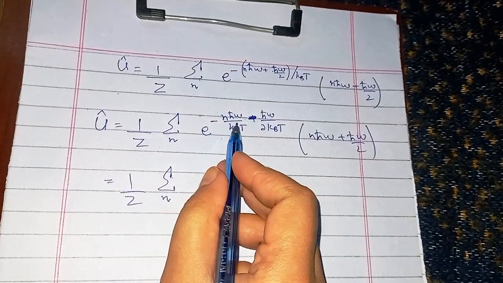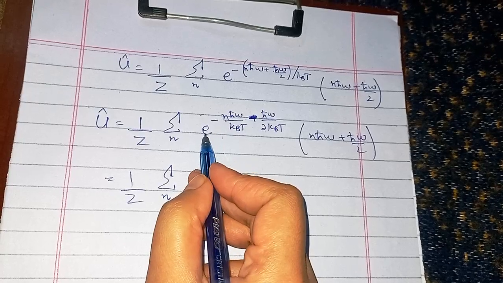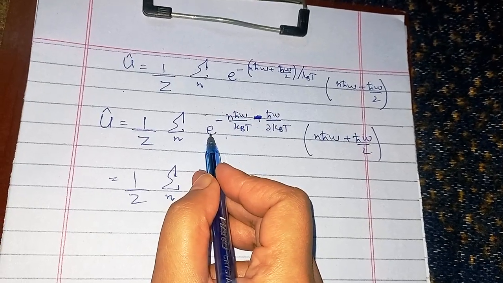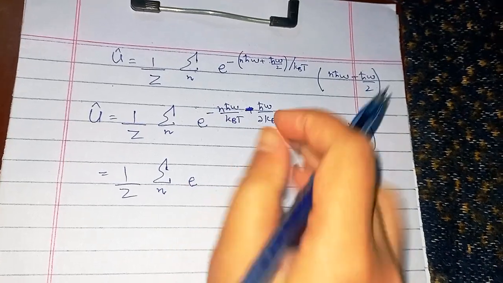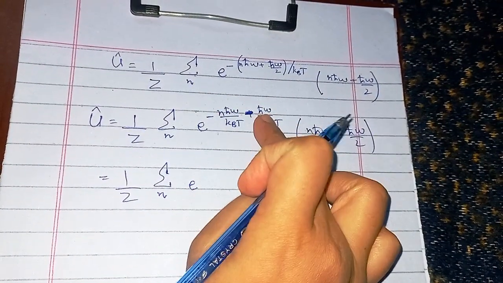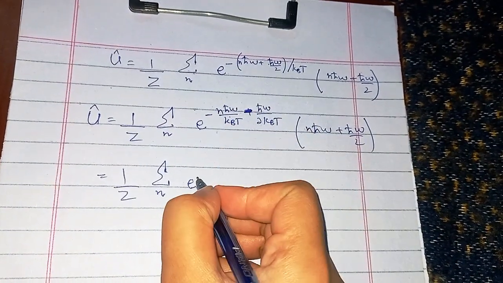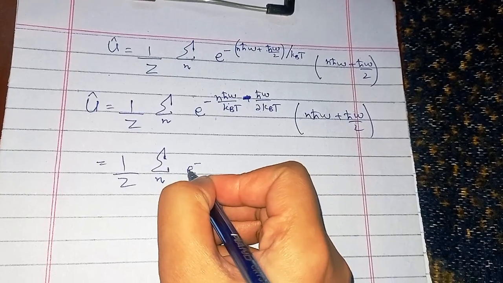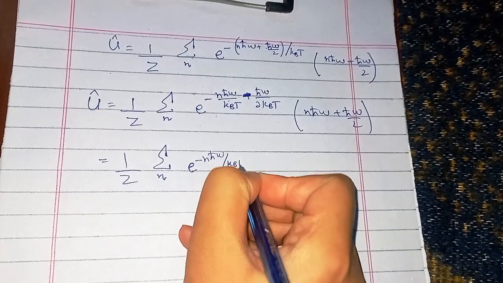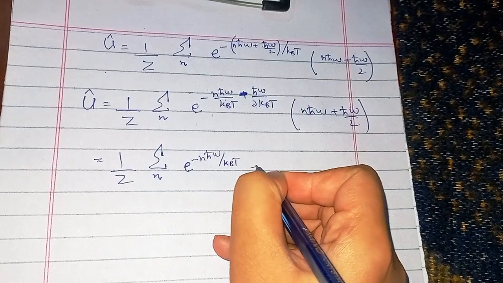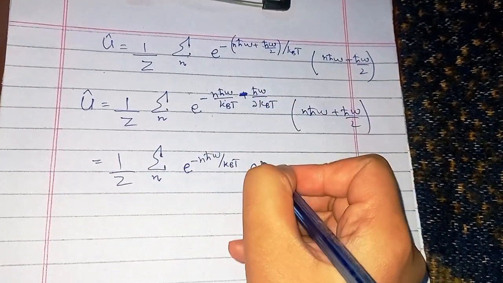Now we have two terms in the exponent of the base e, so we can separate both of these terms with a common base, so that we have e to the power of n h cut omega by kBT multiplied by e to the power of the other term.